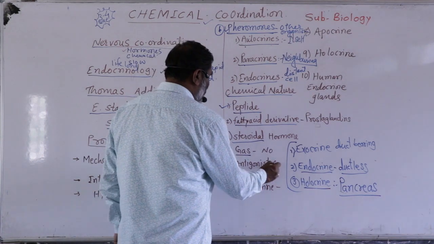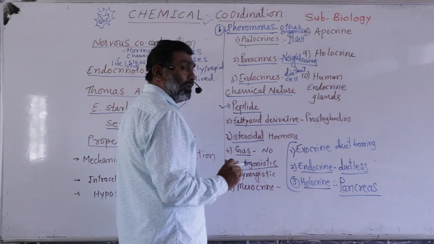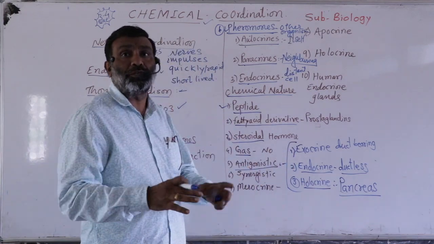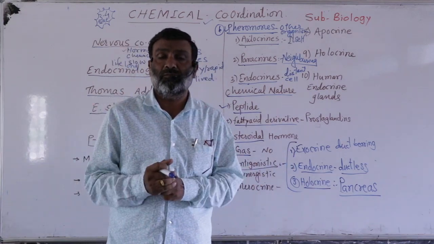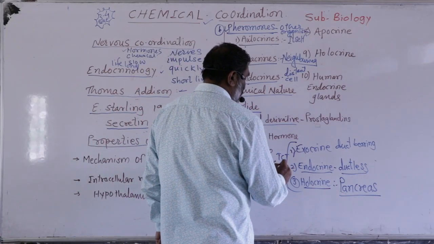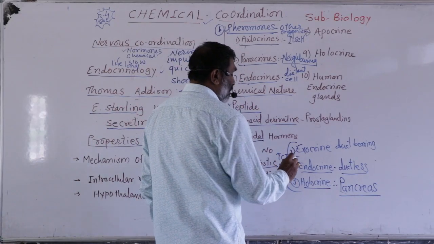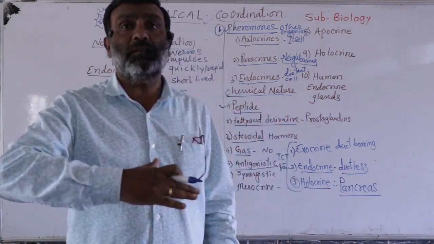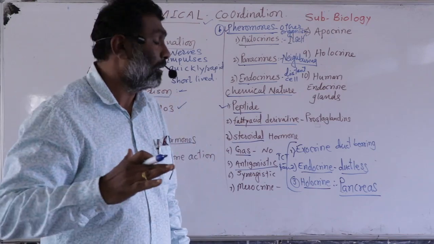Some hormones are antagonistic. They are opposite to each other in their action. For example, TCT and parathormone. One of them decreases the calcium level in the blood, whereas the other increases the calcium level in the blood.